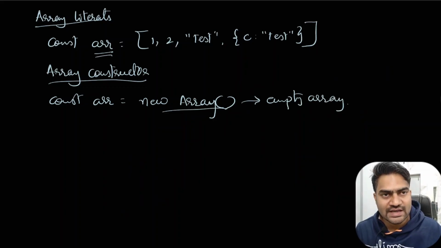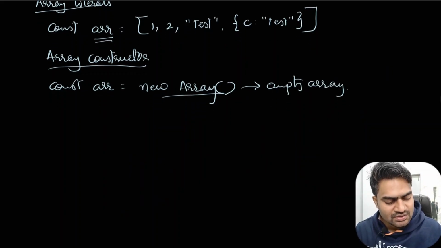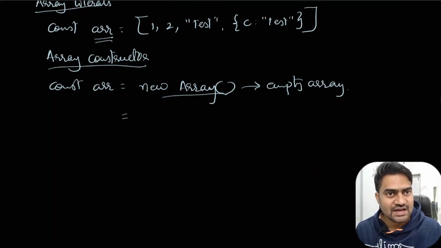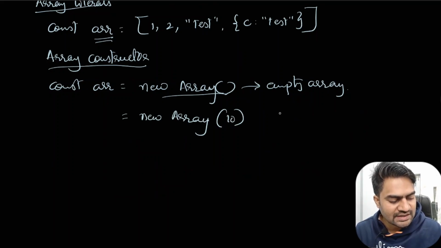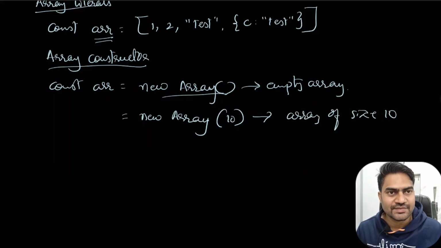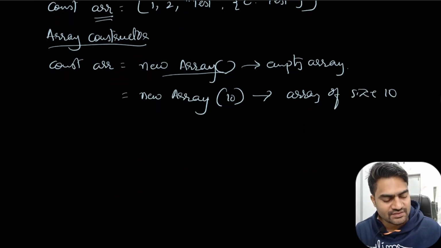Then we can add elements onto it. Also, if we want to create an array of a particular size, we can say new Array of size, where size is some integer number, maybe 10. It will create an array of size 10. So this is another way.